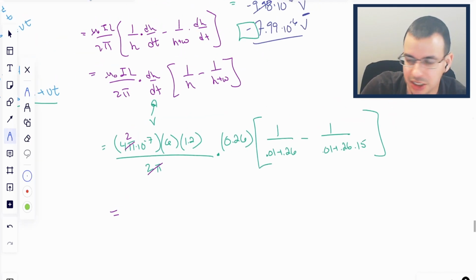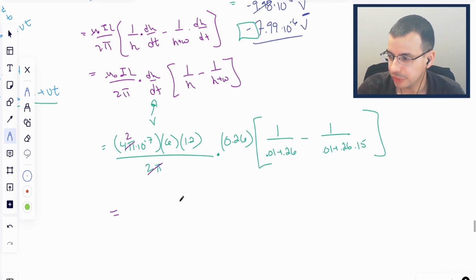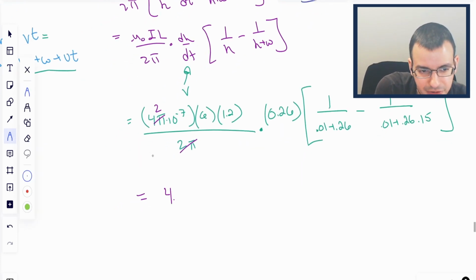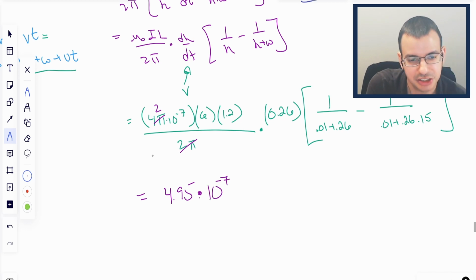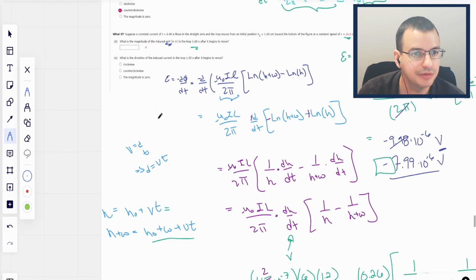Move that out of the way so I can actually see what I'm doing. 0.01 plus 0.26 plus 0.15, and that should give us a positive number, a small yet positive number, 4.95 times 10 to the negative 7th, and that's going to be volts. Yep, they want it in volts.